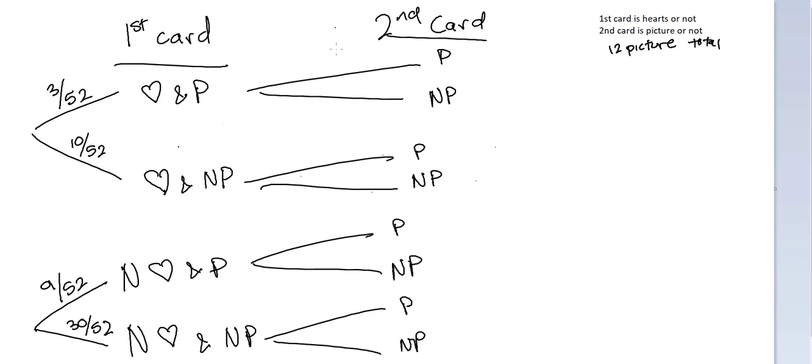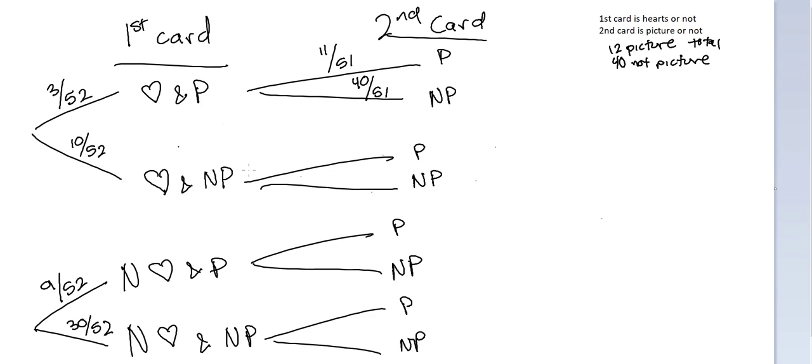So we used 1 picture card, so there are only 11 picture cards out of a total of 51 cards. For not picture cards, if there are 12 picture total, that means there are 40 not picture. So we'd have 40 out of 51 not picture cards, because we got a picture card first.